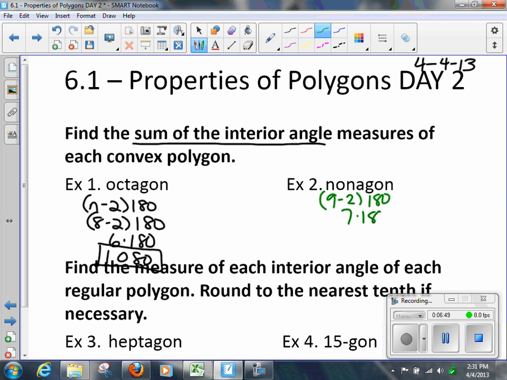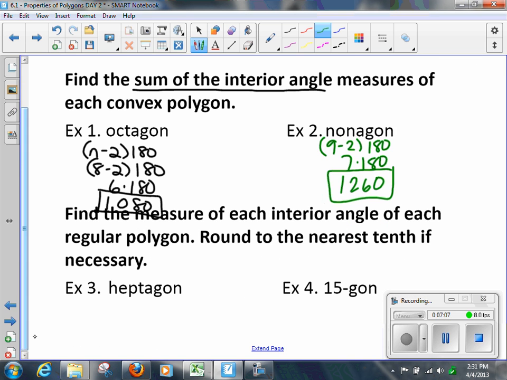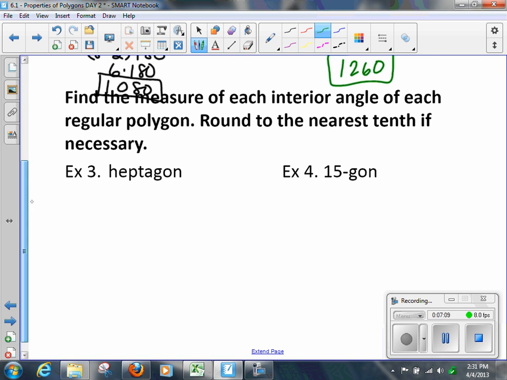What's 7 times 180? 1260. Cool with that? How many of you have that? Okay, folks, if you have a calculator, you need to be using it, really more so than me, and I'm not even using a calculator. If I had one, I would.